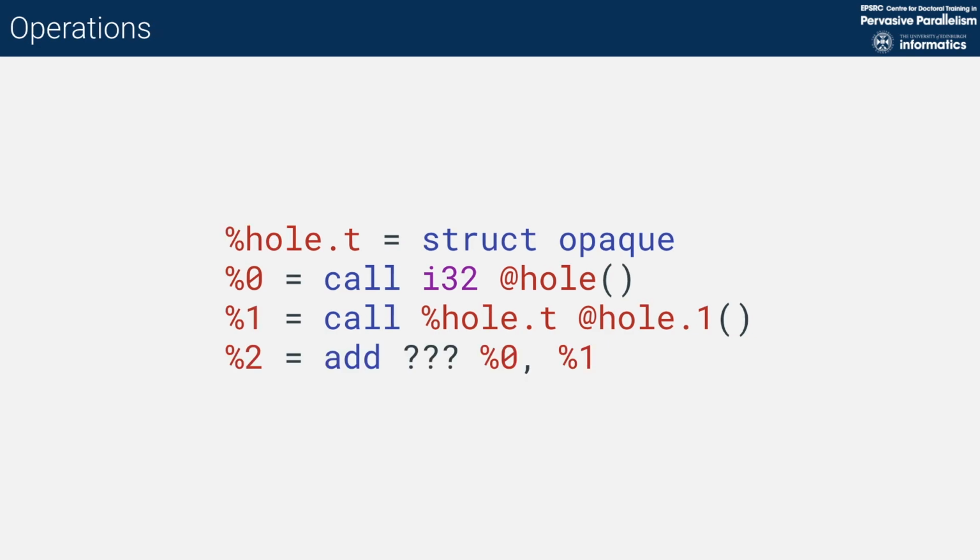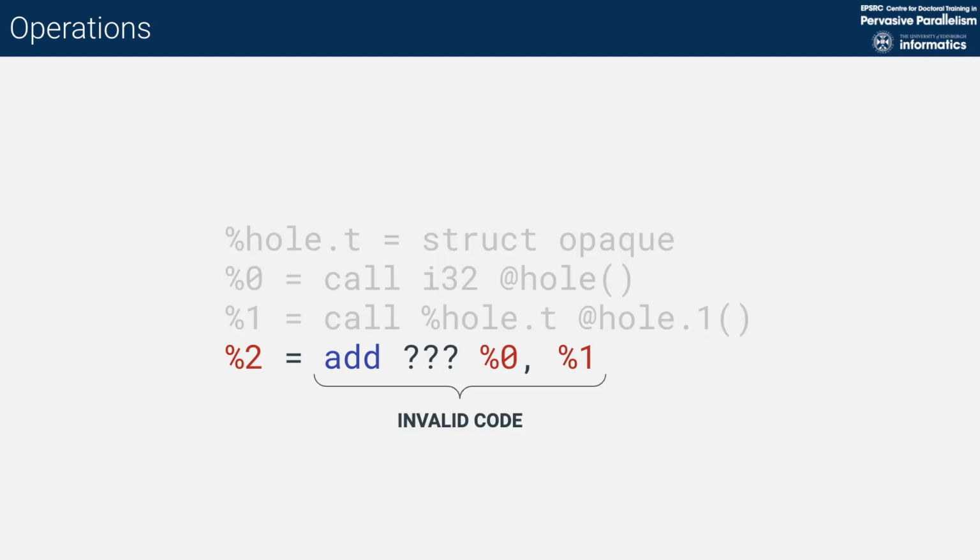The LLVM add instruction requires both its operands to be of the same type. There's no way to express the addition of values %0 and %1 together while they have different types. This code is invalid and will be rejected by the LLVM program validator.